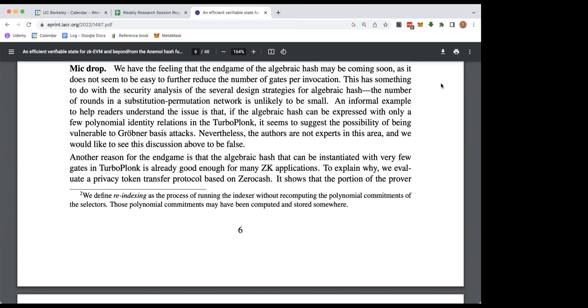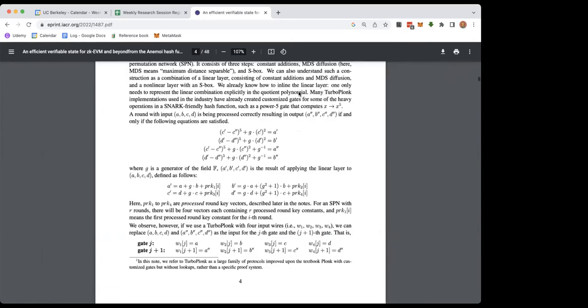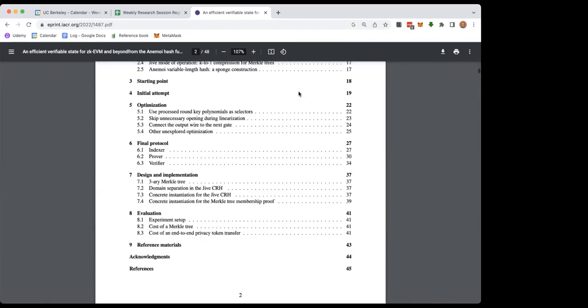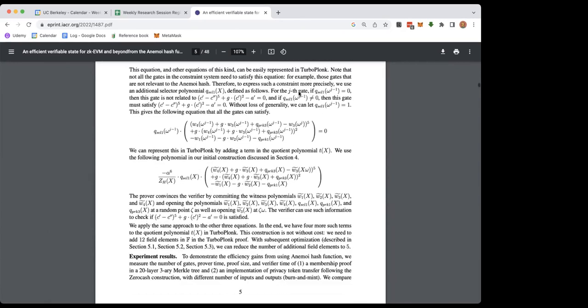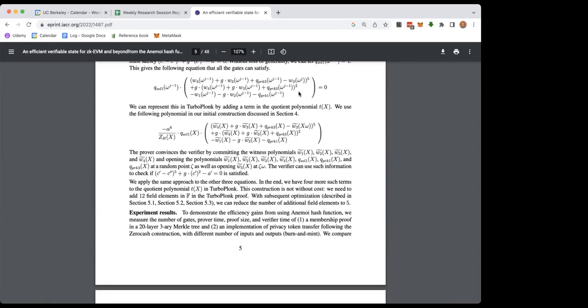Why? Because if I want to use the same way to express the hash function, I need more input wires, and more input wires may also bump up the degree of the quotient polynomial. So one thing I need to admit for this paper is that this technique doesn't work very well when you really want to use a very high alpha, or put a lot of inputs together, because in that case I do need more wires, or even a higher quotient.